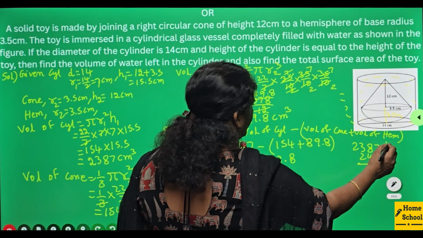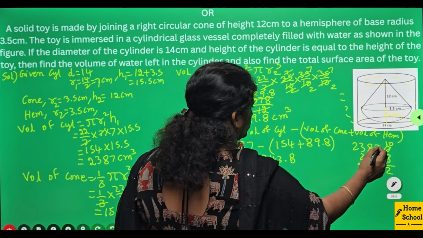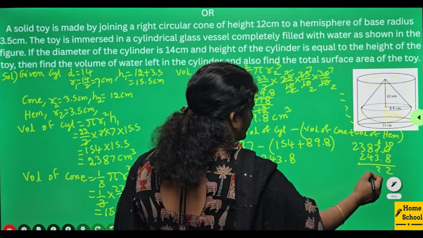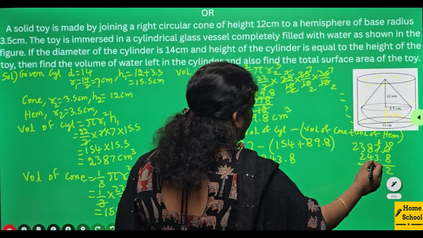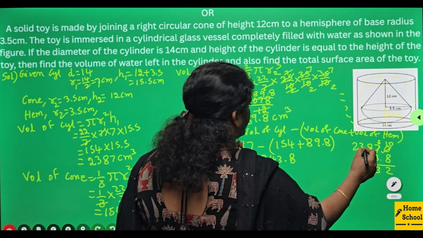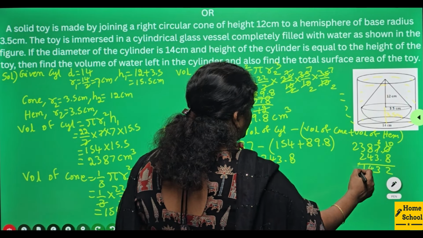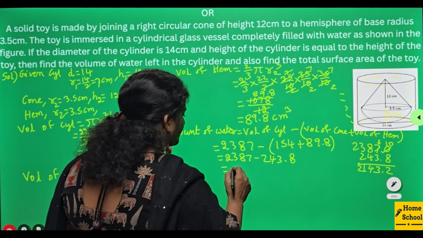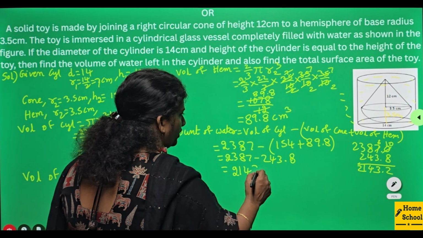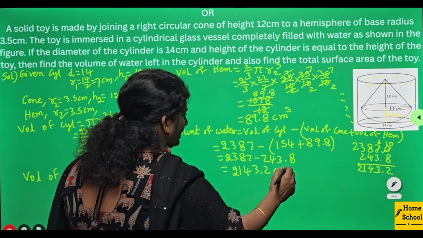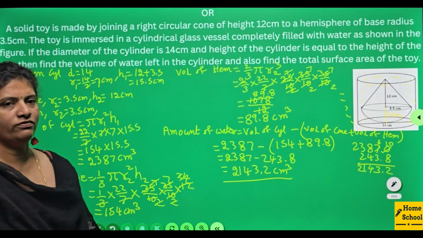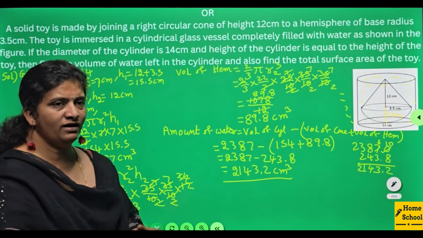In 0 we can't take, so take 10 minus 8 is 2 and this is 6. 6 minus 3 is 3. 8 minus 4 is 4 and this becomes 3 minus 2, 1, 2. So finally your answer is 2143.2 centimeter cube of water is left in the cylinder.